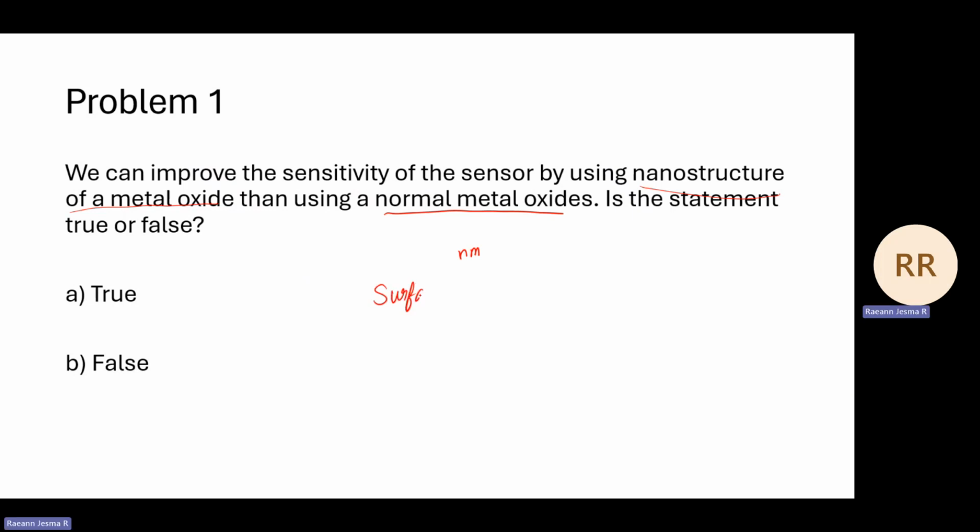Surface to volume ratio, yeah, the surface area divided by volume. It increases, right? As we have more surface compared to the volume, we'll have more area for any component that we want to detect to react. So the sensitivity will also improve. So we can improve the sensitivity of the sensor by using nanostructure of a metal oxide than using normal metal oxides. The statement is true. So the answer is true.